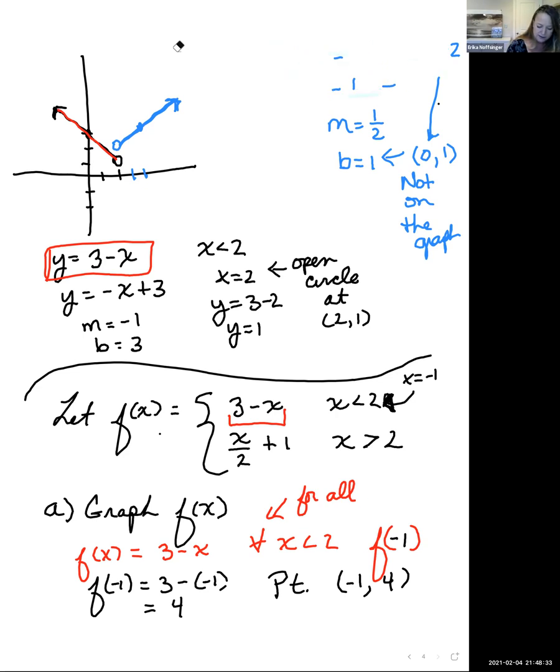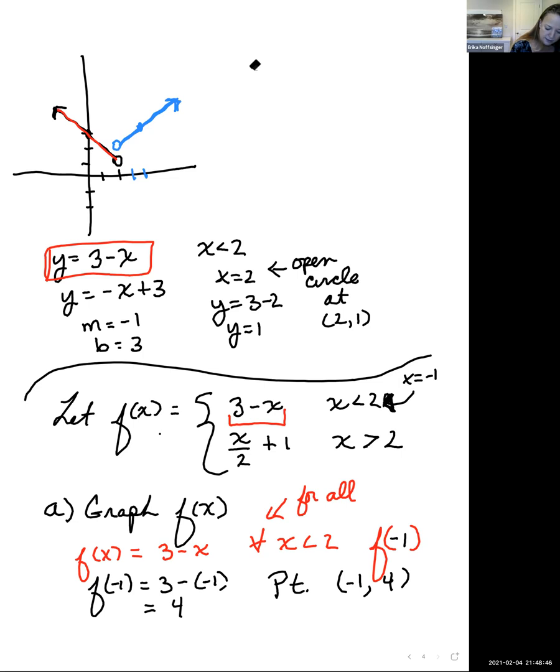And it asked us to find the left and right-hand side limit. So I want to keep on the same page of the same work. So we're looking at the limit as x is approaching 2 on the left-hand side of f of x. Okay, so 2 on the left.